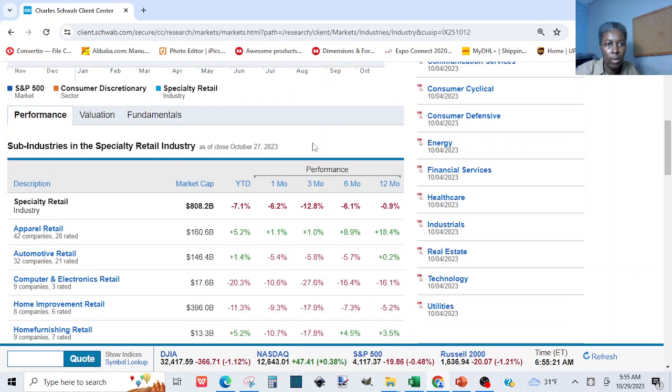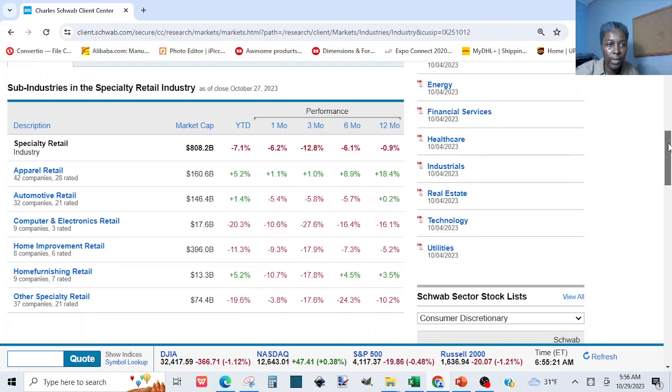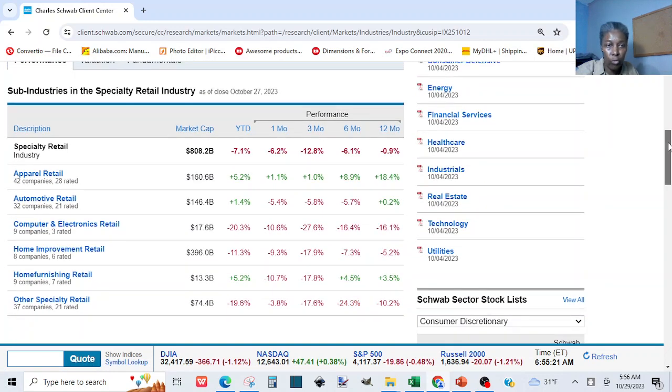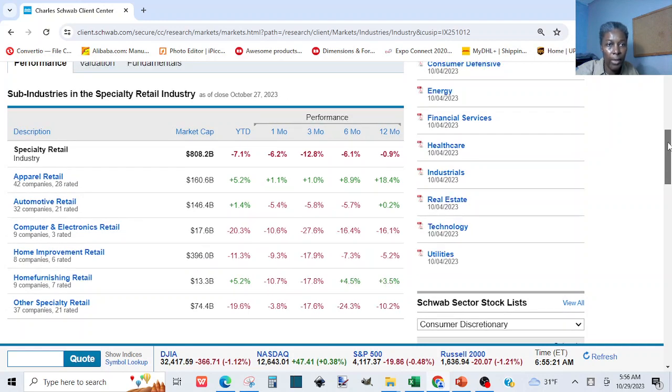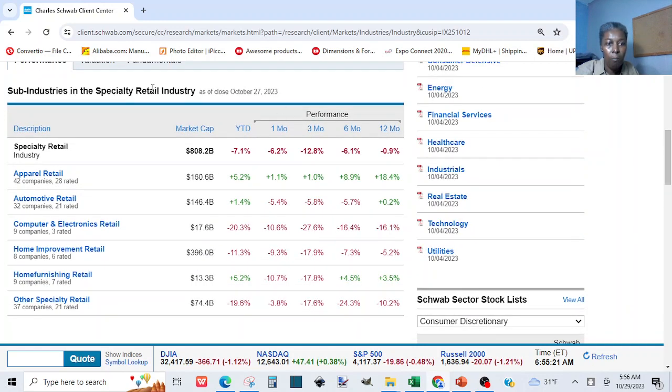As you can see, you have the S&P 500 market, consumer discretionary sector, specialty retail industry. So we will click on apparel retail, and you can see under this specialty retail industry, they have multiple sub-industries.